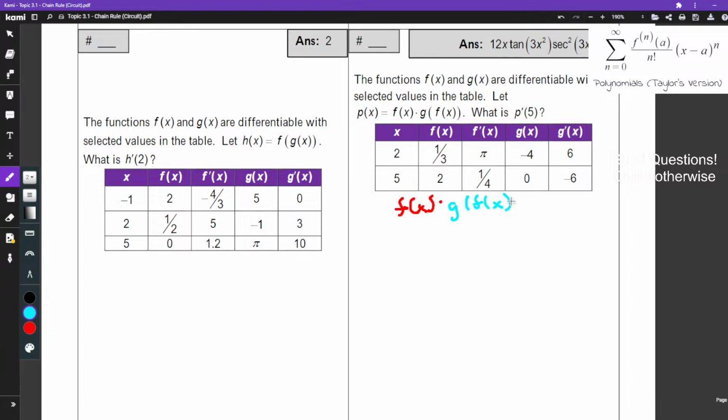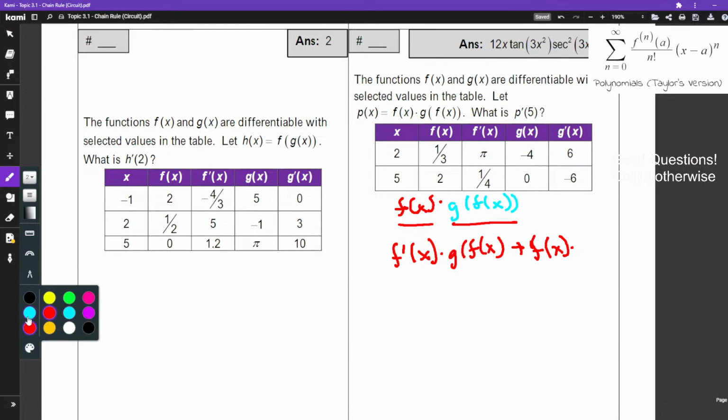This is a product rule. So derivative of the first two functions. So derivative of the first, you got f prime of x times the second, g of f of x, plus the first, f of x, times the derivative of this one.